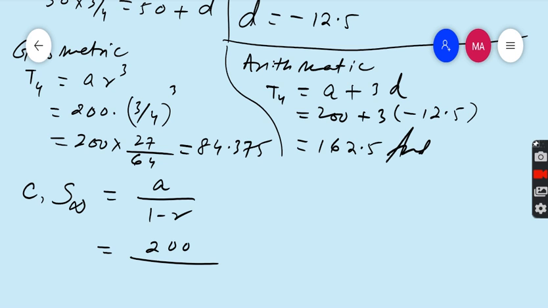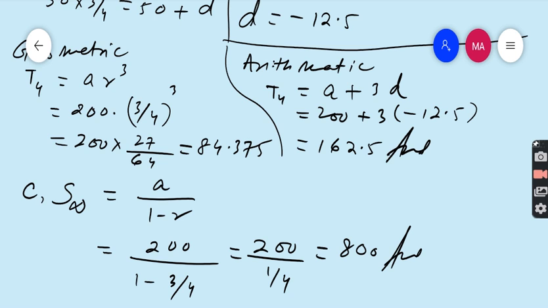A is 200 upon 1 minus r. R is 3 upon 4. 200, 4 ones are 4, 4 minus 3 is 1, 1 upon 4. 200 into 4 is 800. So the sum to infinity is 800. This is our final answer.